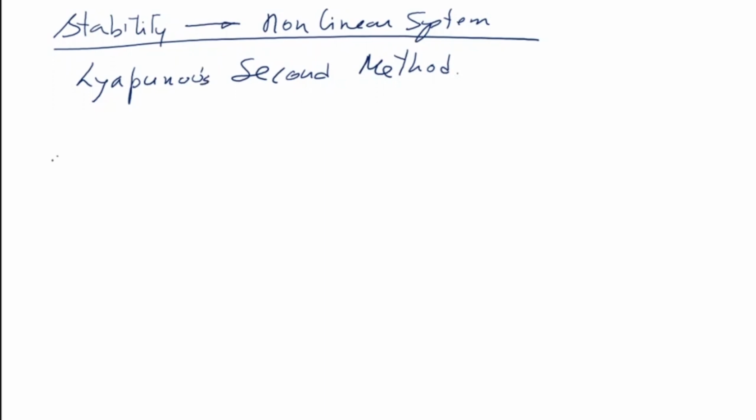Now, what is the meaning of stable? There are some terms which are used, so I'll just go through them very quickly. Again, stability is a very, very big subject in control system theory, so I'm doing it very quickly, just basically what we need.